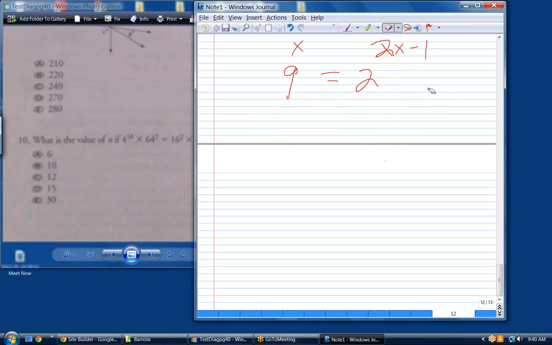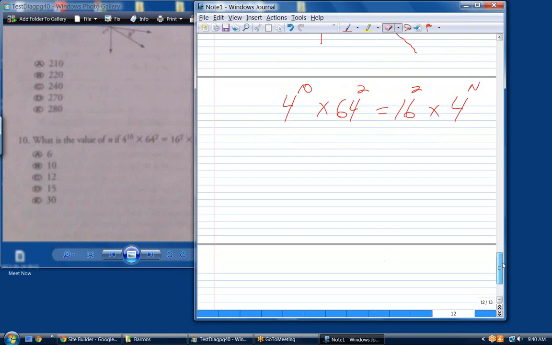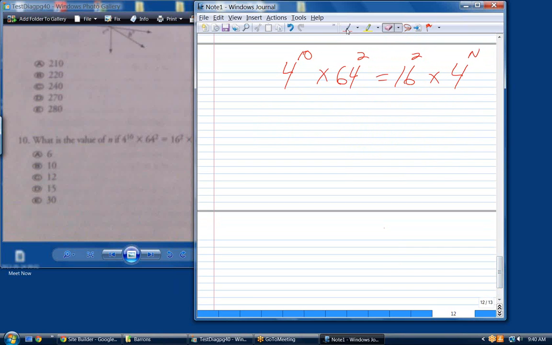So that's the technique, and we're going to use it on this because what's the common exponential base of all the bases that we're looking at? 4. So this is going to be 4 to the 10th times, what is 64? 16. Well, yeah, 16. It's 4 cubed.